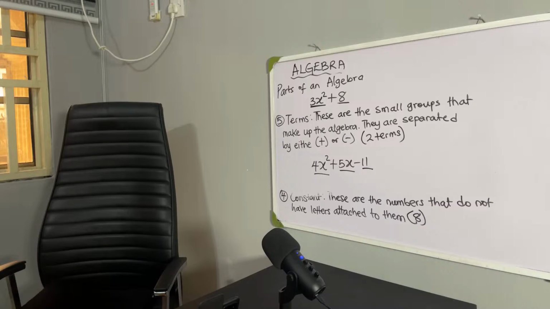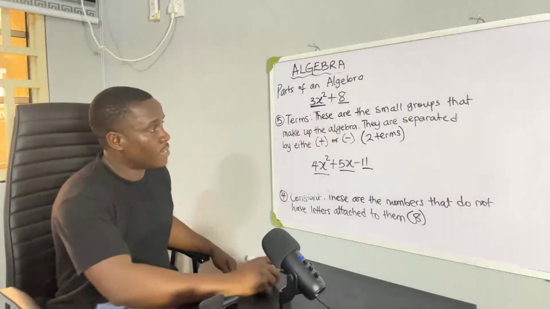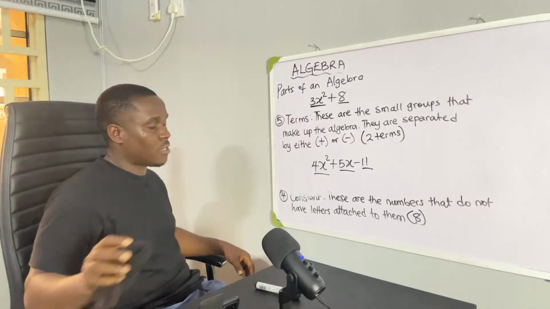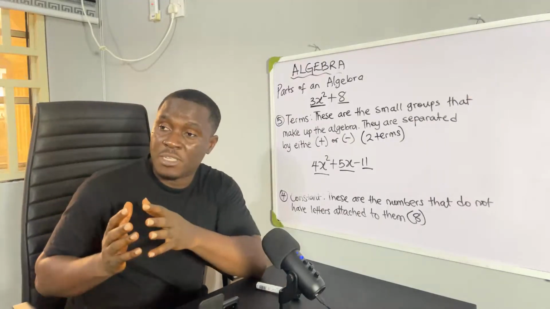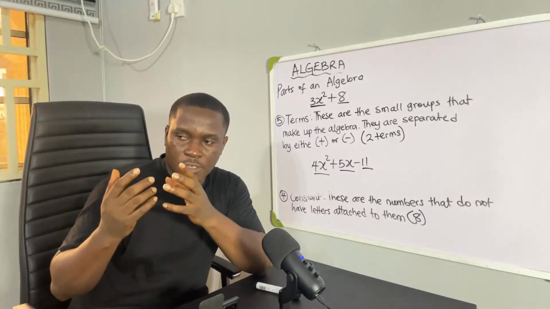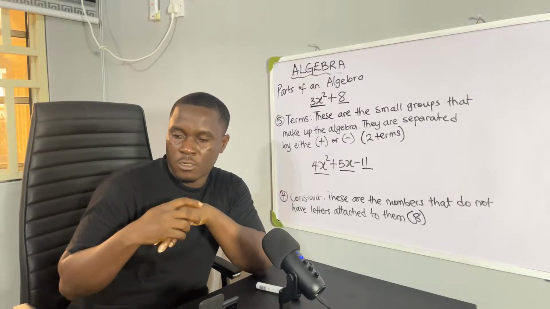Okay, I'm done. Good. So now we're going to look at things you need to take note of in algebra. Sometimes algebra might seem mysterious because there are some hidden rules that might not be obvious to students.